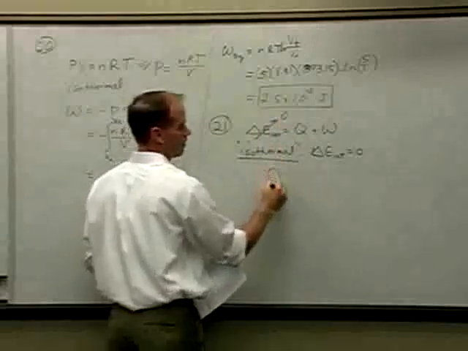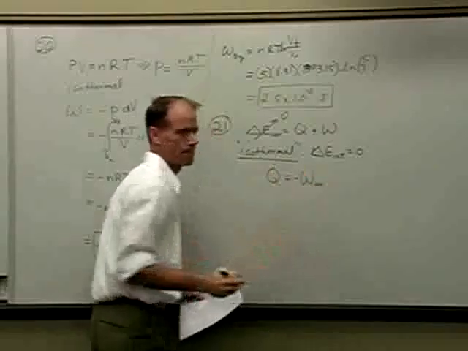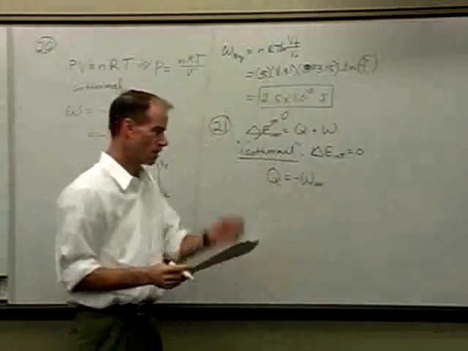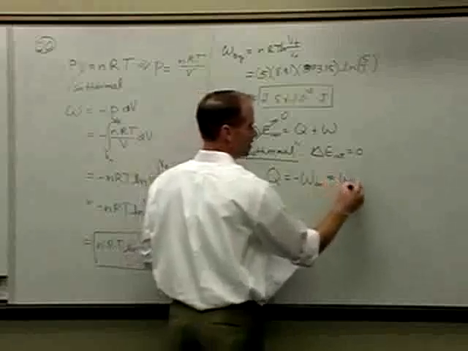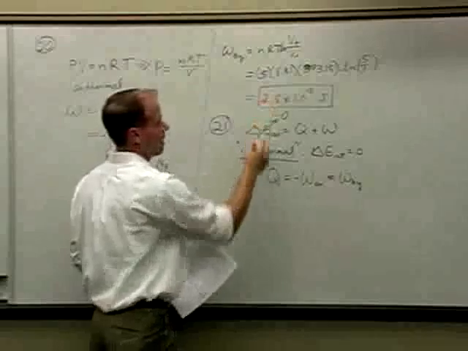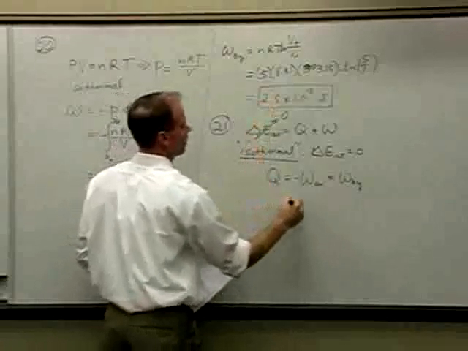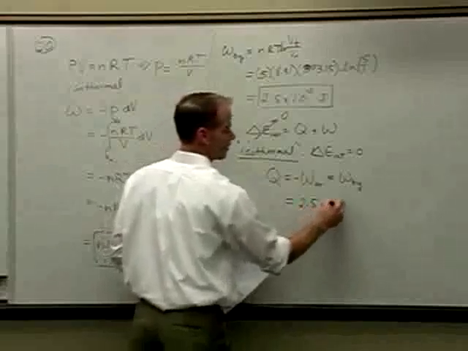So the heat flow will equal a negative of the work done on the system. And for that matter, it will be equal to the work done by the system, and this was the work done by the system. So our heat flow into this system will just be 2.5 times 10 to the 4 joules.